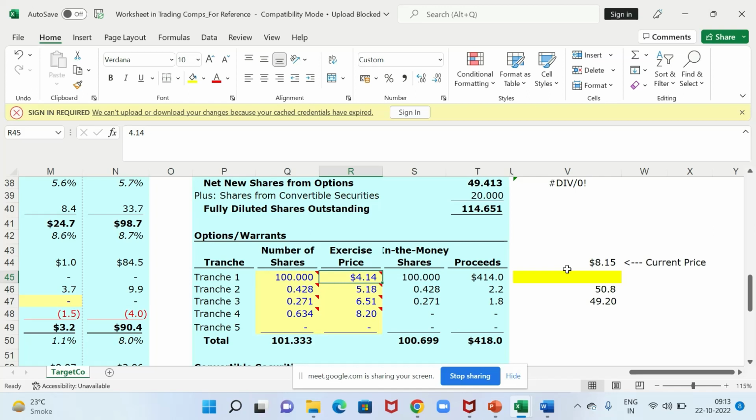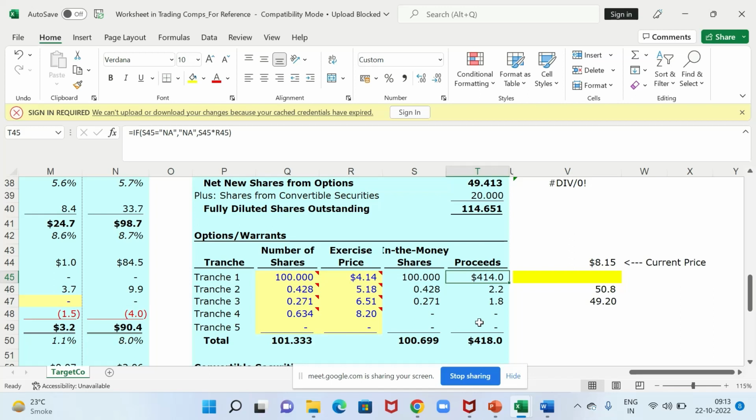I'm assuming the employees will have to pay 414 million in total to procure 100 million shares. The company will receive that much amount.